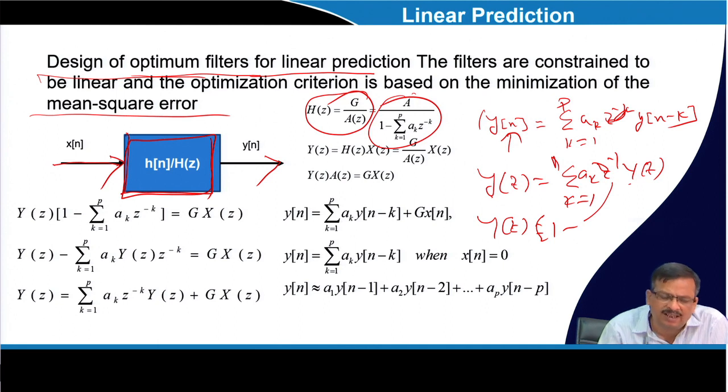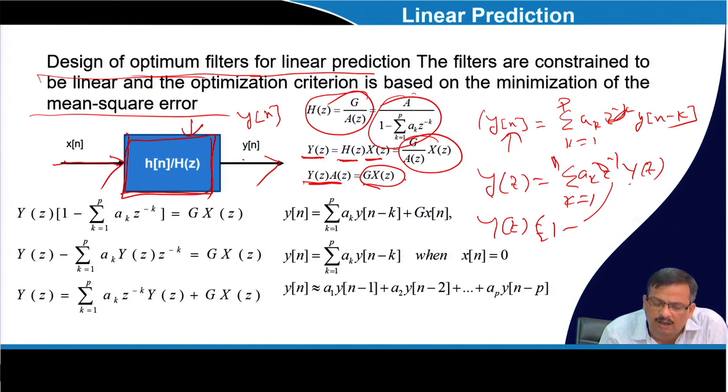Now, I said the purpose of this prediction is to predict the current sample from the previous experience. So, if I apply x n and I produce y n, I can say Y z is equal to H z into X z. What is H z? 1 by A z. So, I can say Y z A z is equal to G into X z.